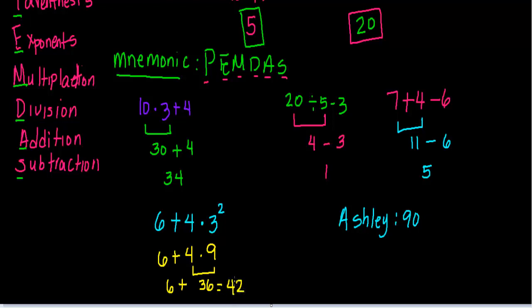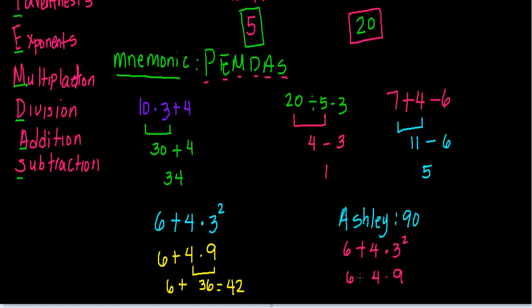That's the answer. So Ashley must be wrong. What do you think she did wrong? Let's explore. If she got 90, and I know 3 squared is 9, she might have done exponents first and gotten a 9.